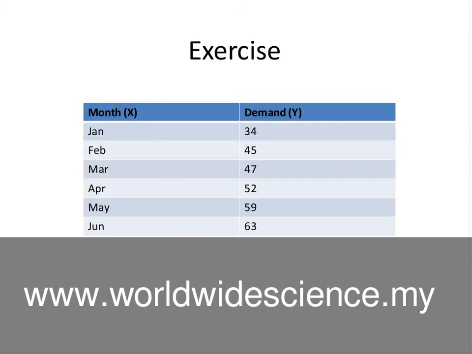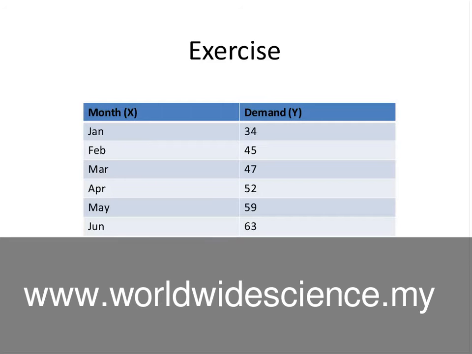Yes. How much is that n here in this exercise? Yes, very good, Mr. Barak. 6. n is 6, because January, February, March, April, May, June.